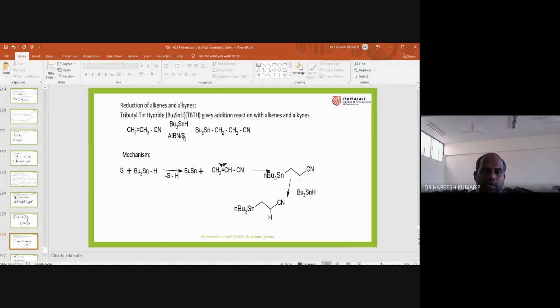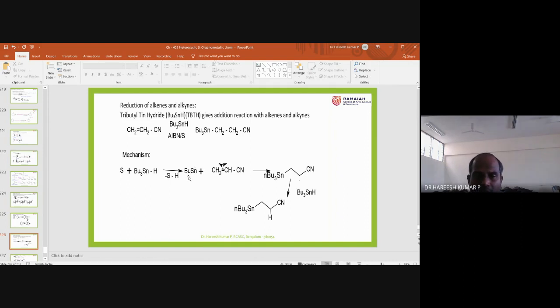So this sulfur also acts in the radical propagation step. Once the radical is initiated by AIBN, that can react with the sulfur and form a sulfur radical. That sulfur radical can react with the tributyl tin hydride, giving rise to tributyl tin radical and a neutral molecule. SH is a neutral molecule, it will go out.